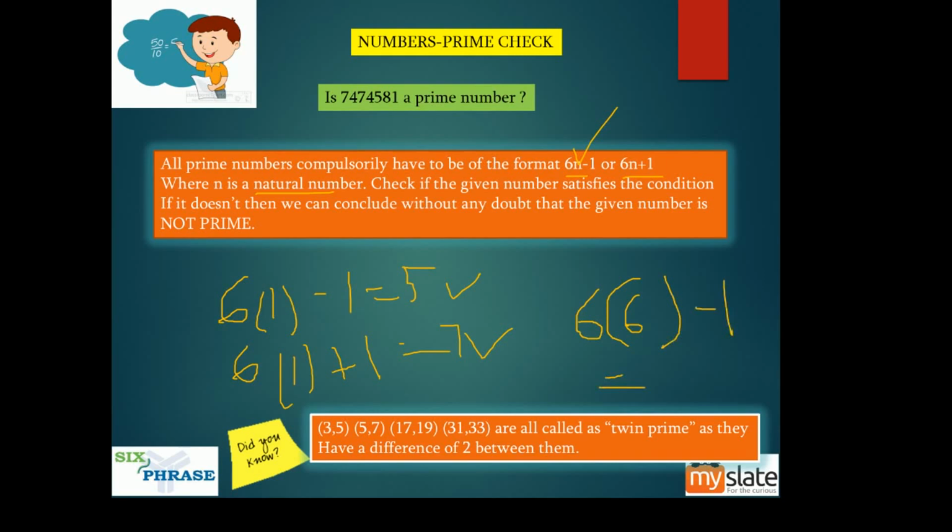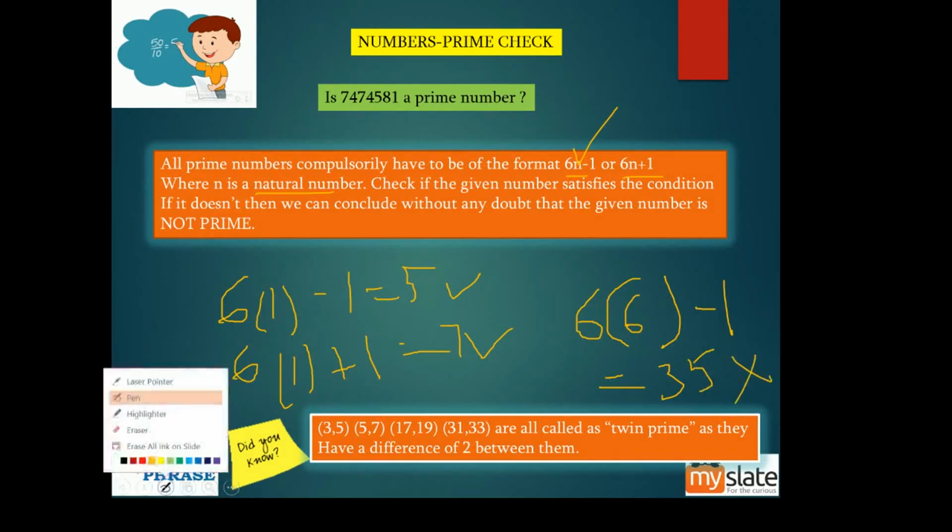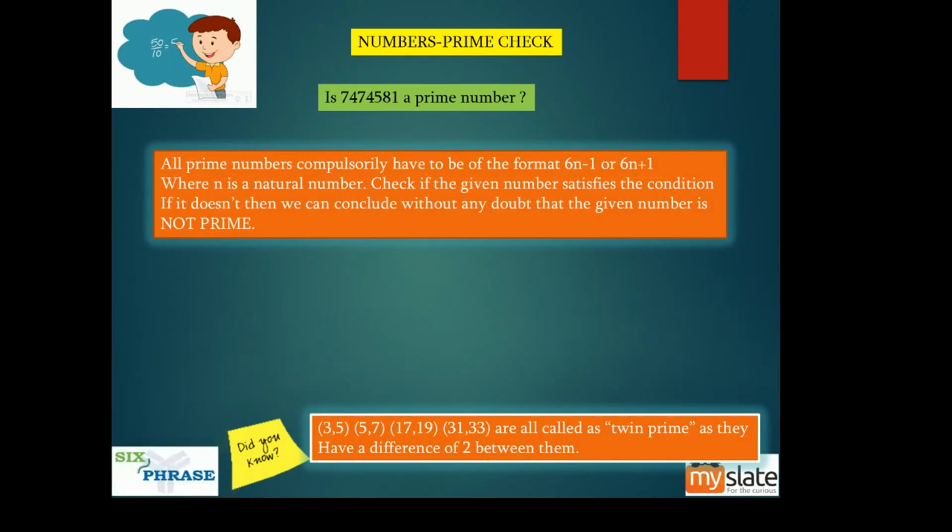So be careful and understand, all prime numbers will be of the format 6n minus 1 or 6n plus 1, but that doesn't mean all numbers of the format 6n plus 1 or 6n minus 1 are prime numbers. There are some numbers of this format which are not prime numbers, but if it is a prime number, it surely will be of this format. Understand that carefully.